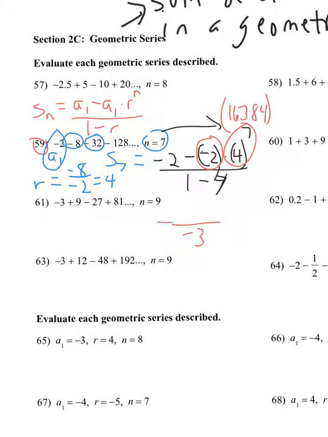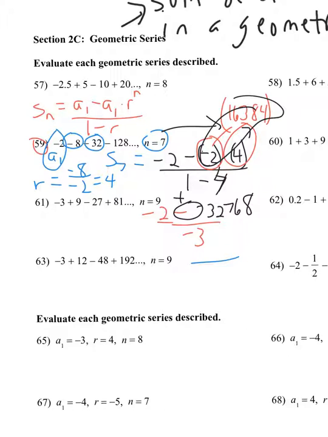So I'm going to keep the negative 2 minus, and then when I multiply negative 2 times the 16,384, I'm going to get negative 32,768. Now this becomes plus because it's minus a negative, so be very, very careful with signs there.